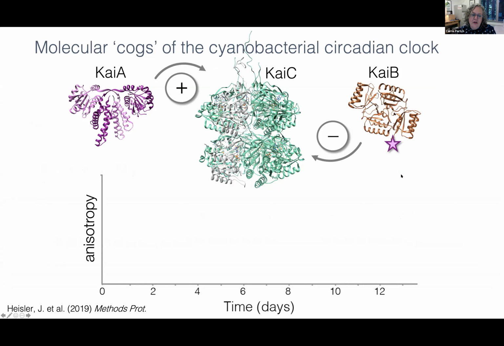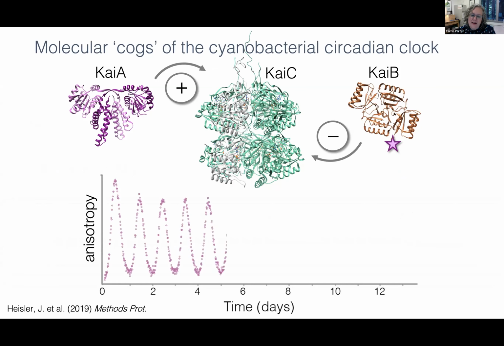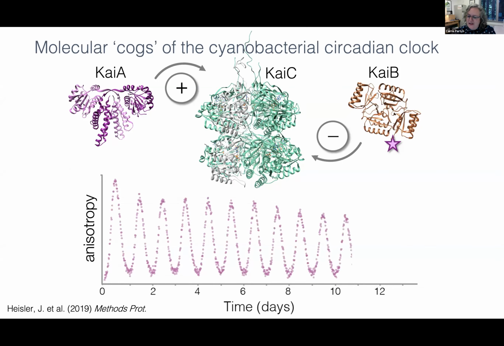And as it undergoes rhythmic association with Kai-C every night, and then it dissociates during the day, you can now see that we can watch this beautiful rhythm happen and unfold before our eyes in real time with very little hands-on activity, right? And so this has really opened the door to asking many key questions about the factors that drive the slow biochemistry on a 24-hour timescale in this system.